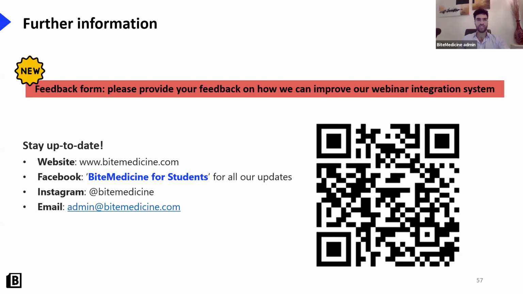How to differentiate between the different types of MAHA. So MAHA can stand for two things: microangiopathic hemolytic anemia or macroangiopathic hemolytic anemia.